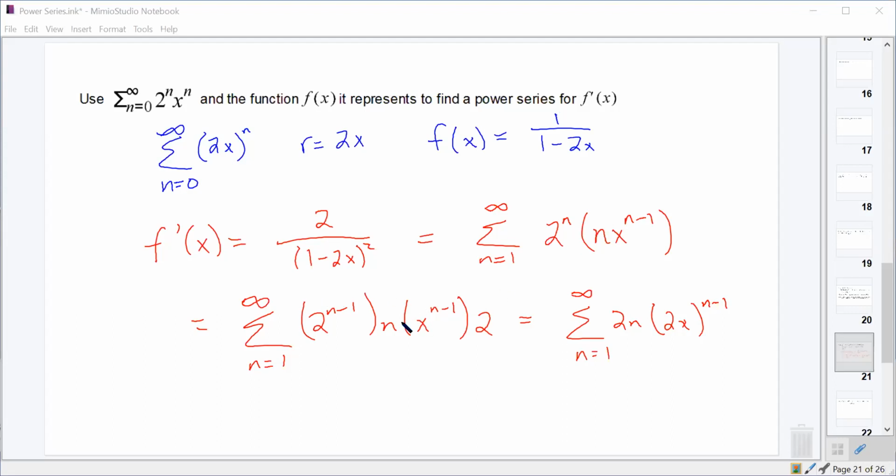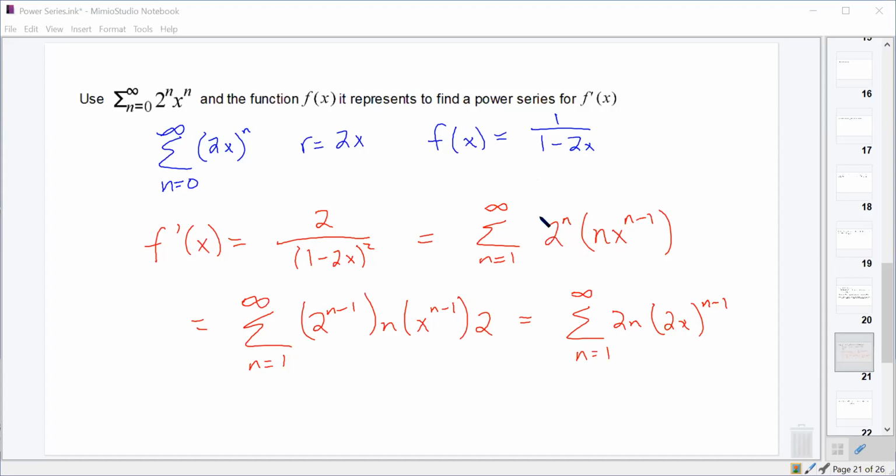How I went from here to here, Molly? Or for how I went from here to here, or both of those? Yeah, so we were at 2 to the n x to the n minus 1. And it'd be nice, we normally want to have our common ratio, which we know is going to be 2x, to each time have that same power, since we're multiplying by the 2x each time.